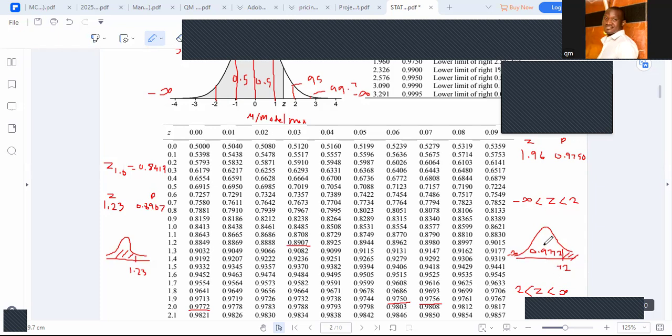Since we know that the area from here to here is 0.9772, we simply subtract 1 minus 0.9772. So the remainder here will be 0.0228.